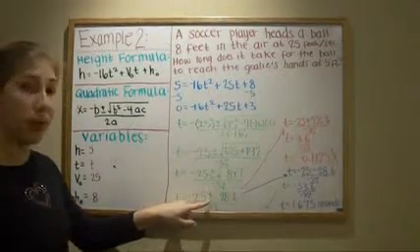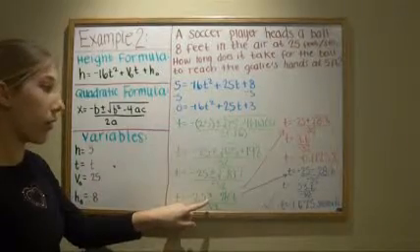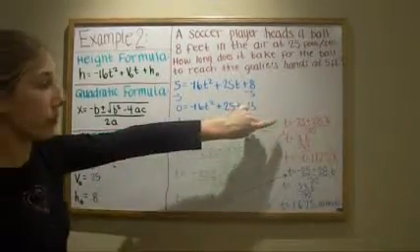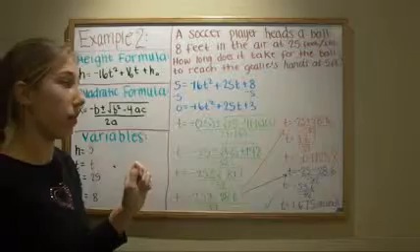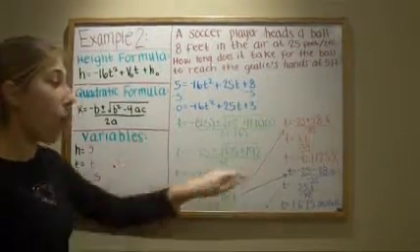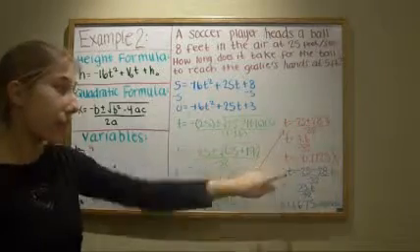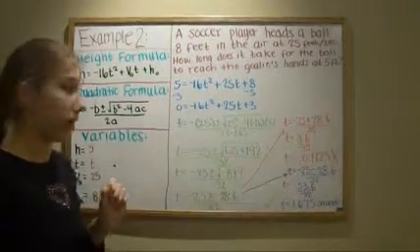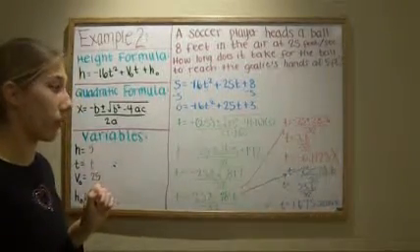Since we have the plus or minus sign, there are two possible equations. T equals negative 25 plus 28.6 over negative 32, or t equals negative 25 minus 28.6 over negative 32.